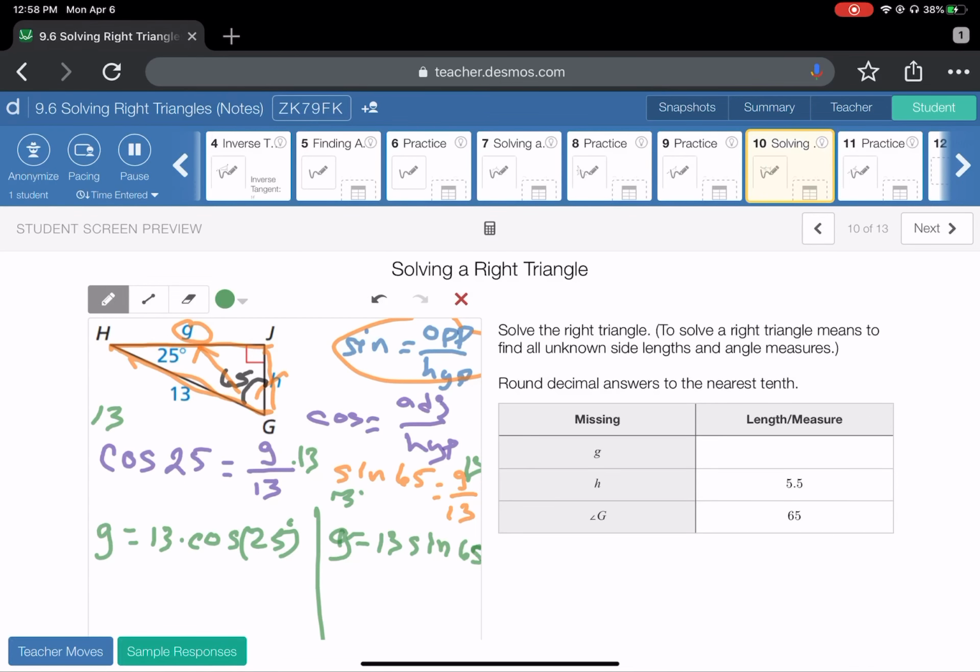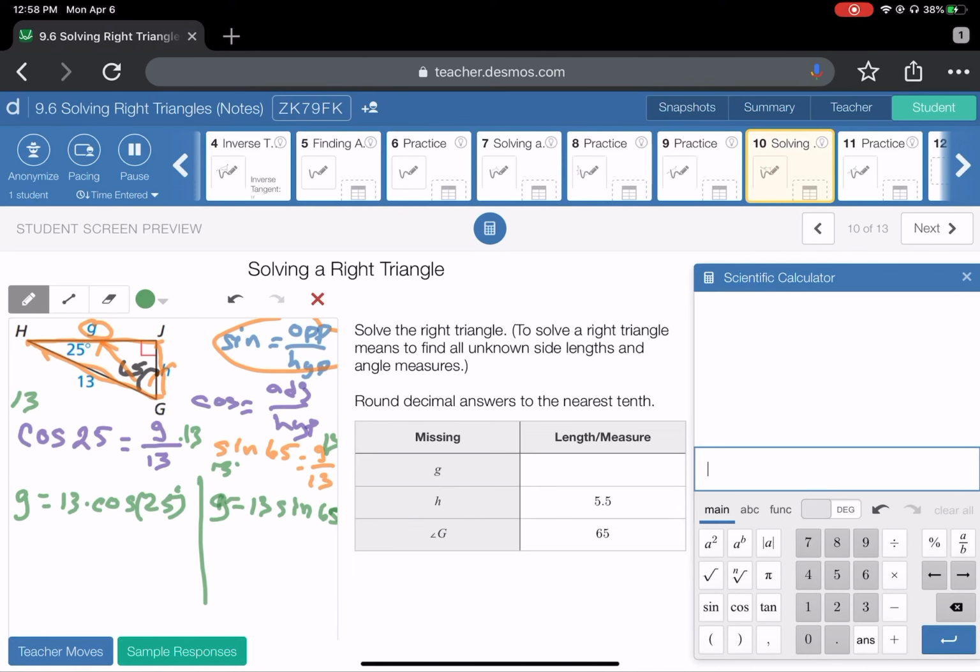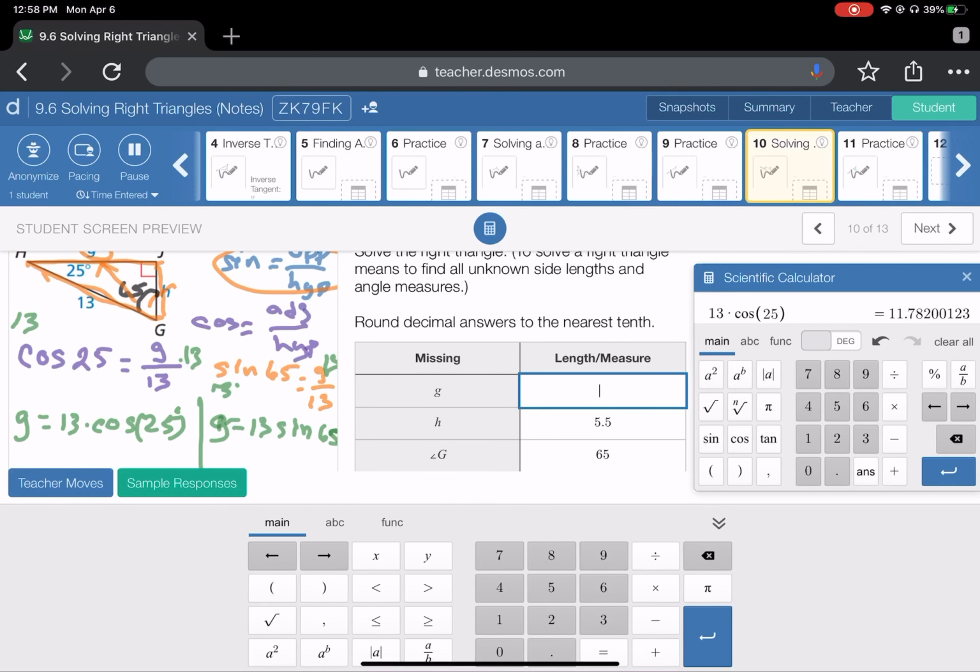Now I'm going to type both of those values into the calculator, and you guys are going to see that we get the same exact number. So 13 times cosine of 25 is 11.78200123, and then 13 times the sine of 65 degrees is also 11.78200123. So I know that that is the value of G, 11.8.